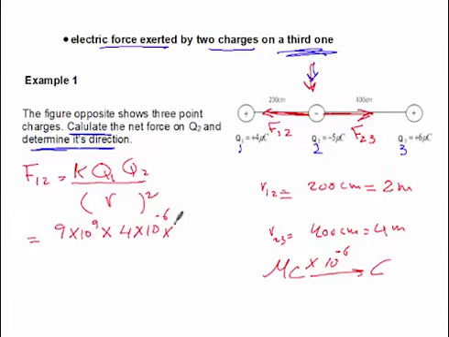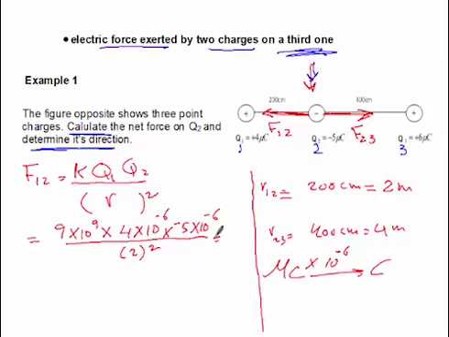So, times minus 5 times 10 to the minus 6, again converting from microcoulomb, and dividing by the distance between them, which is 2 meters, and we have a square. This will give us the value for the force between Q1 and Q2, which is minus 0.045 newtons.